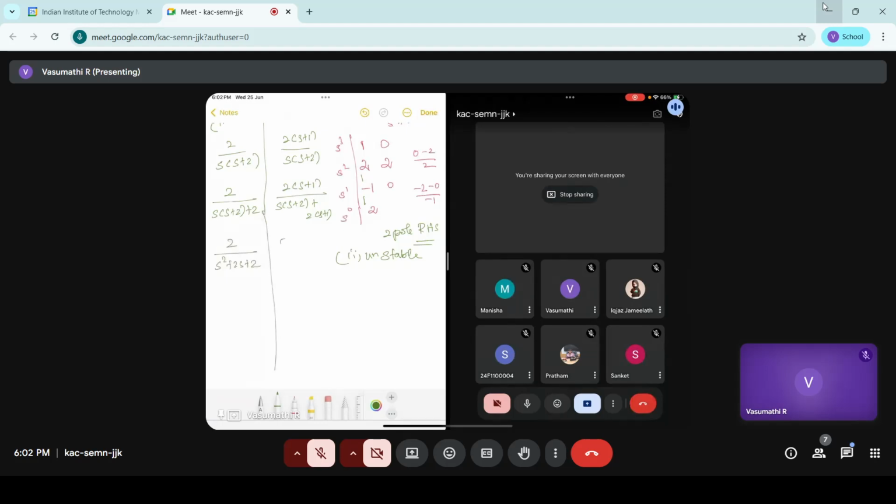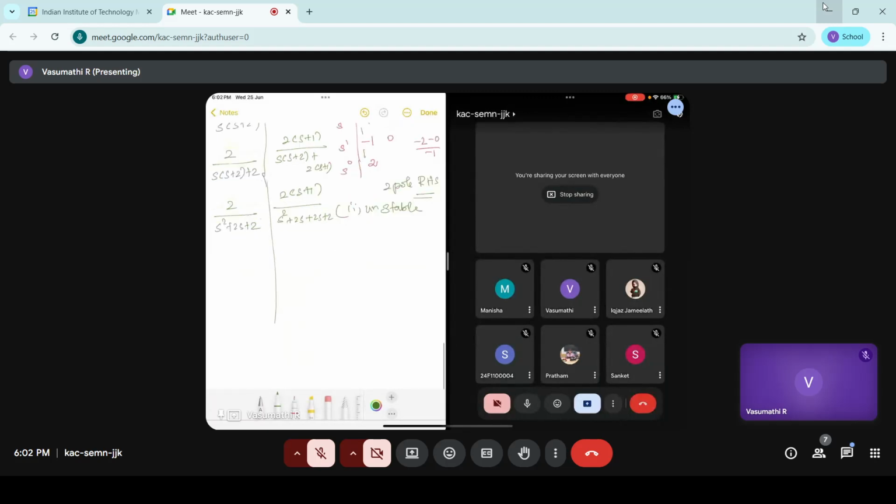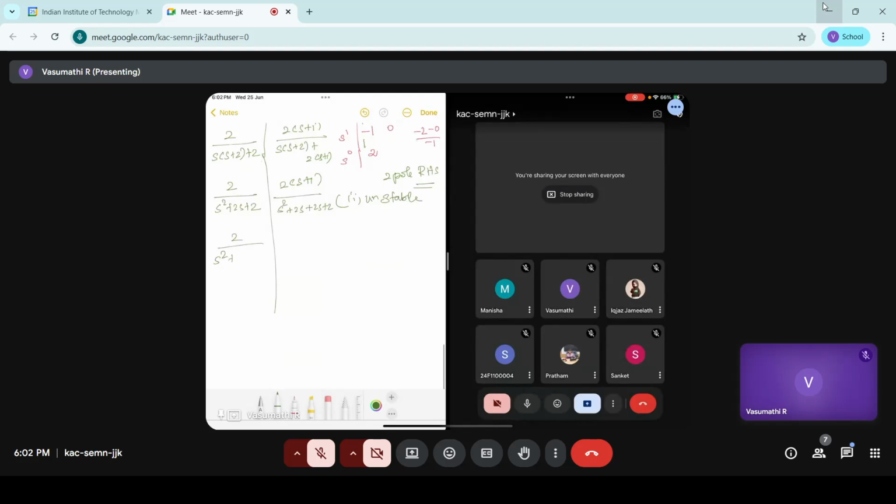If I make any mistake, please let me know. S square plus 2s plus 2. All the coefficients are positive. Here also all the coefficients are positive. So both will be stable, right? So only option 2 is unstable.